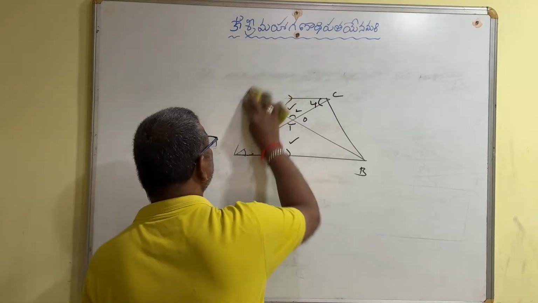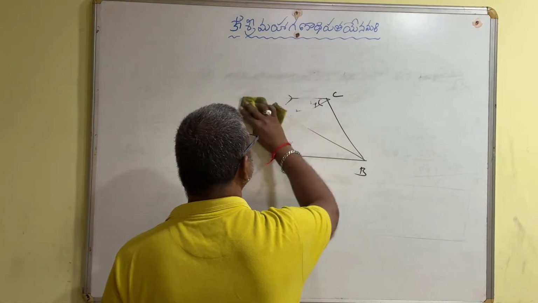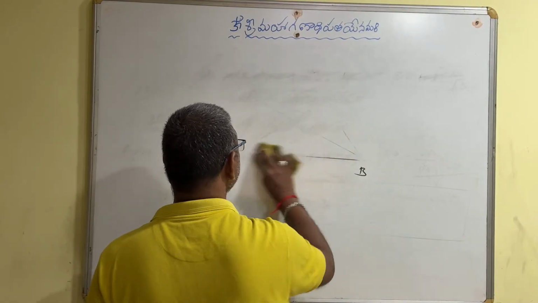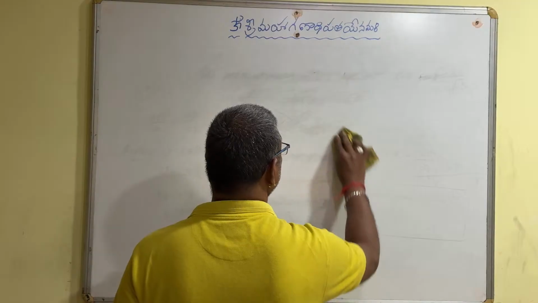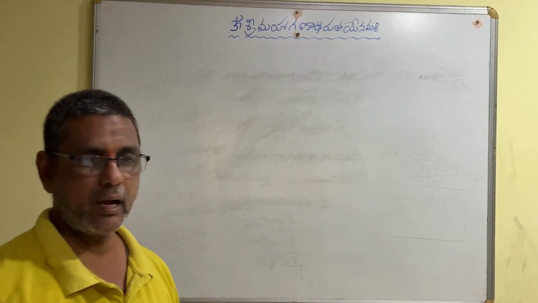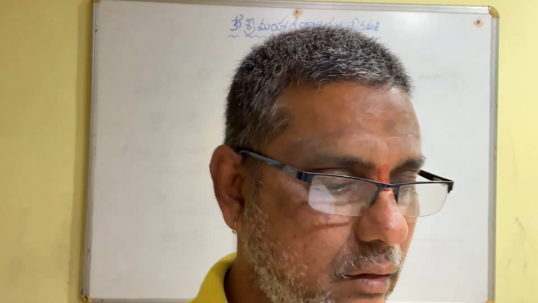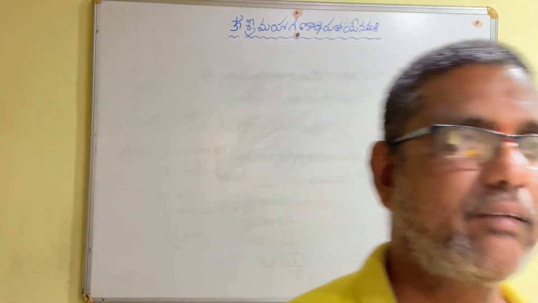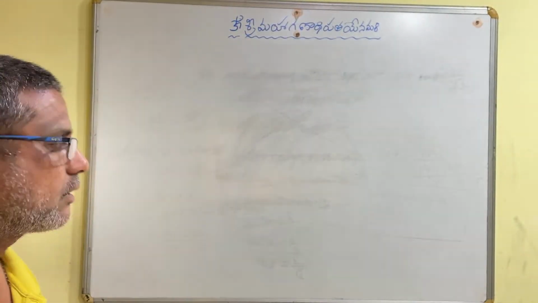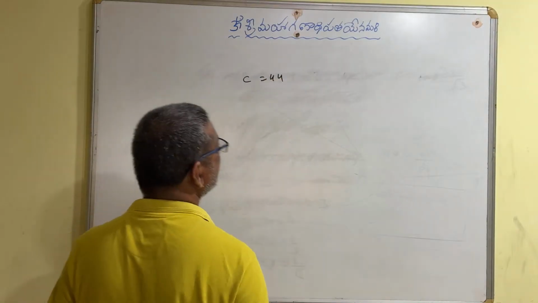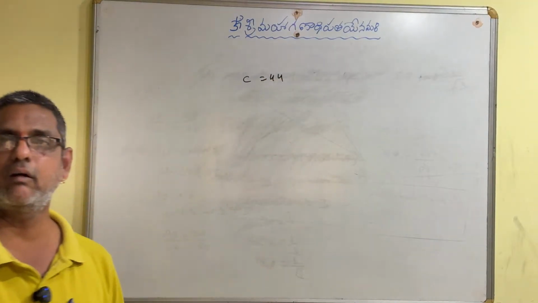Now next question. Area of quadrant of a circle. Find the area of quadrant of a circle whose circumference is 44. The circumference of the circle is given as 44 and we need to find the area of the quadrant.